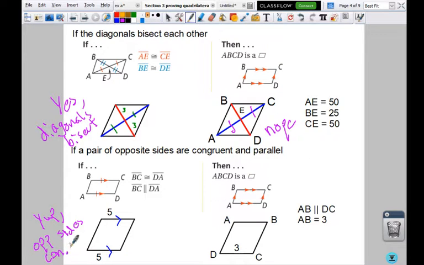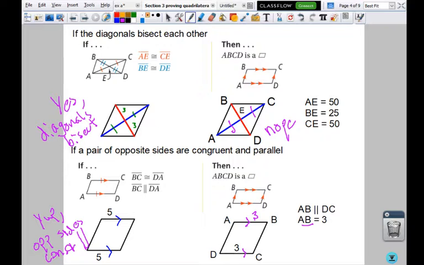And my reason is because opposite sides congruent, and I'll do the parallel symbol because I don't want to write that thing. Let's look at this right one. I have AB is parallel to DC. But we don't know BC or AD. You know AB though, that's 3. But AD and BC, yes, because opposite sides are congruent and parallel.